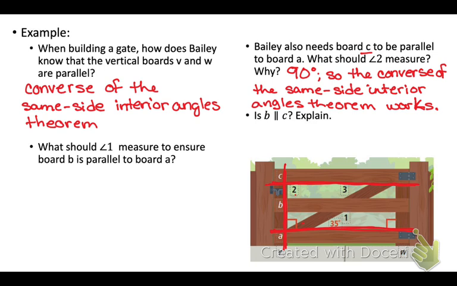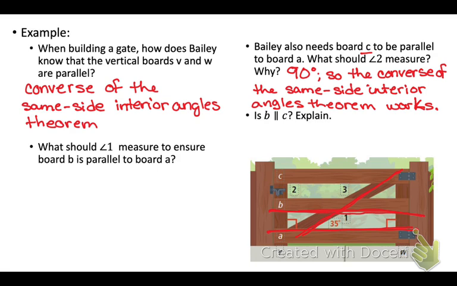So now we're looking at B and A. What should angle 1 be for those two to be parallel? Would it be 35?